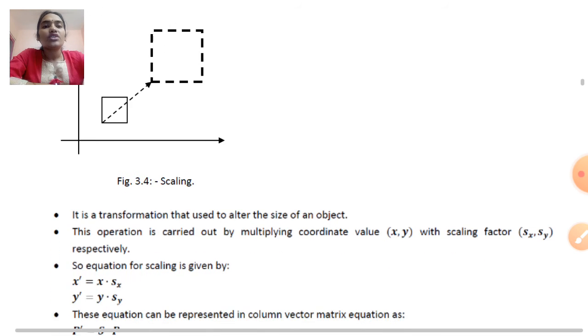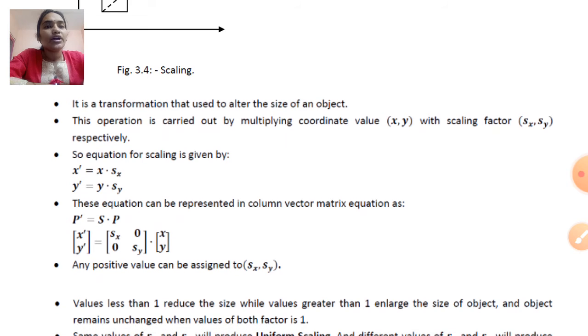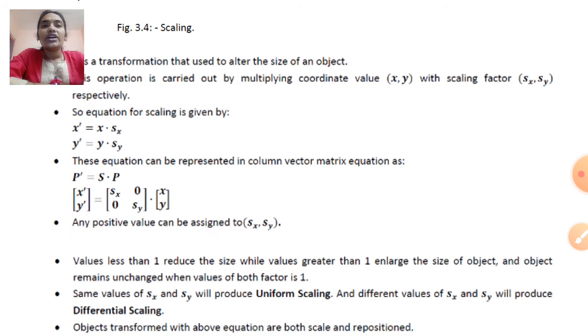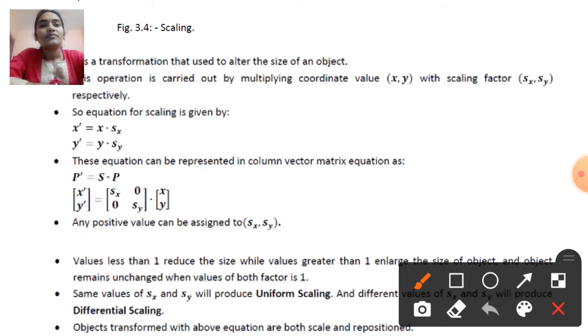This operation is carried out by multiplying coordinate values (x, y) with scaling factors sx and sy respectively. So the equation for scaling is x' = x · sx, y' = y · sy. This is the x' and y' equation.